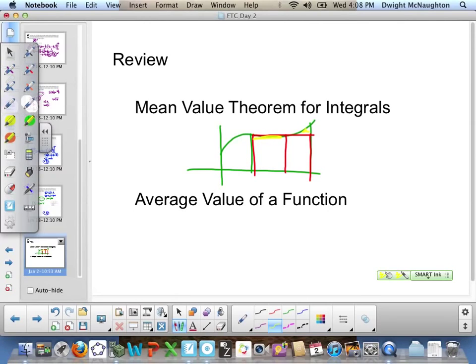And I can use that to find the average value of the function. First, I find the area of that full rectangle, and I divide by the base of the rectangle to find that average height.